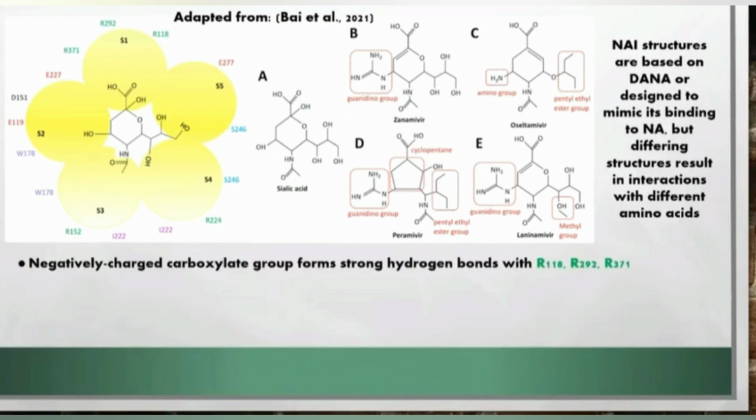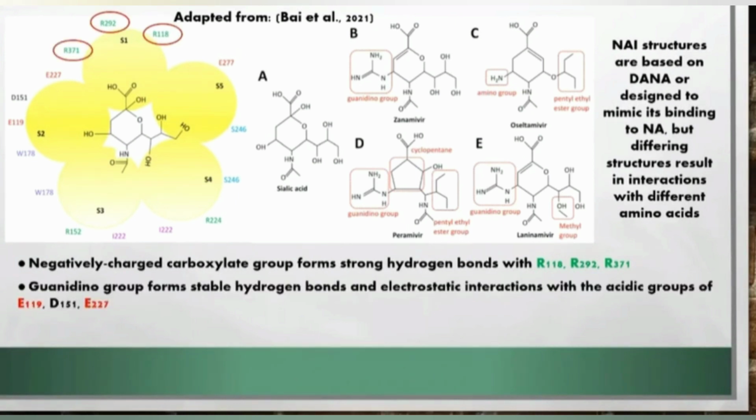All of these inhibitors with the negatively charged carboxylate group are able to form strong hydrogen bond interactions with subsite 1, which consists of arginine 118, 292, and 371. The guanidino group, which is only present in neuraminidase inhibitors like zanamivir, peramivir, and laninamivir, can form stable hydrogen bonds and strong electrostatic interactions with the acidic groups of glutamic acid 119, aspartic acid 151, and glutamic acid 227.